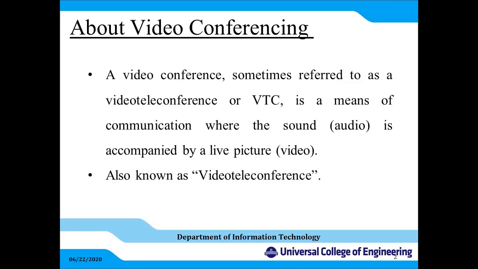The communication can take place in a special video conferencing studio or on a normal home computer equipped with a webcam, or it can also be done on third or fourth generation mobile phones. This was video conferencing.